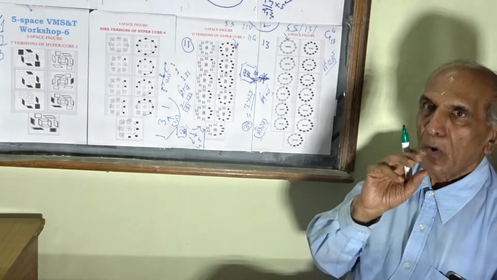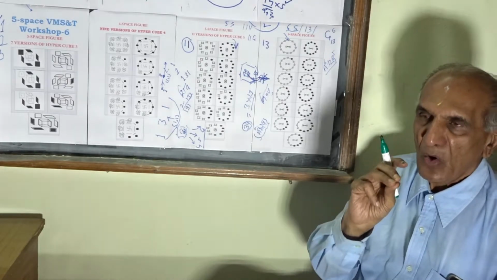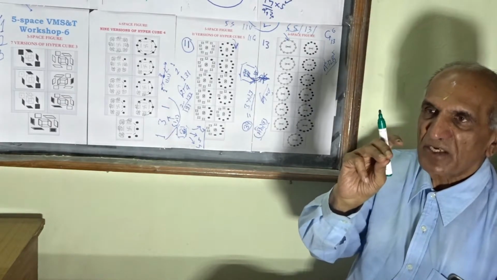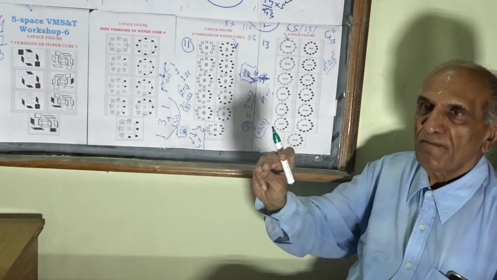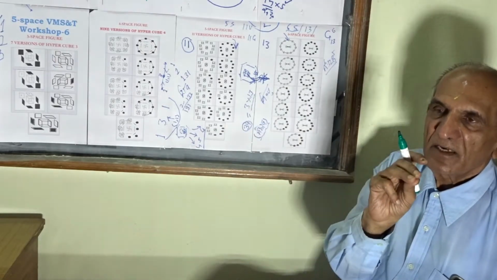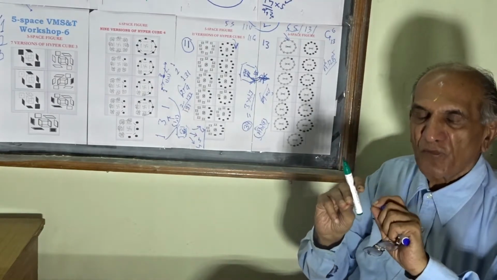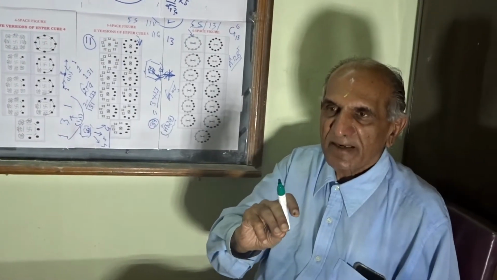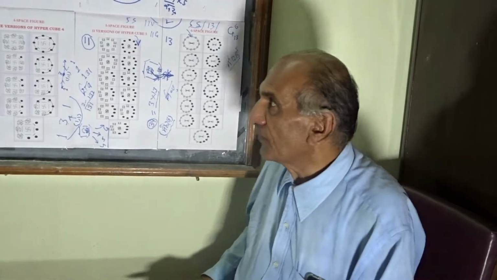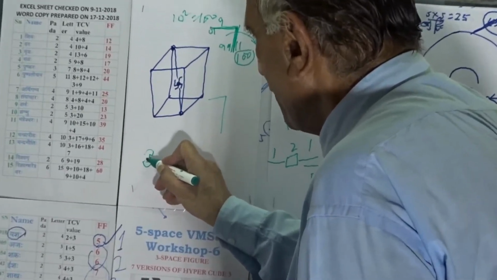Now our focus is how this 10 plus 10, value 20, which is the value of a 0 order 2 space, and 10 into 10, 100, which is the value of the 5 basic elements.